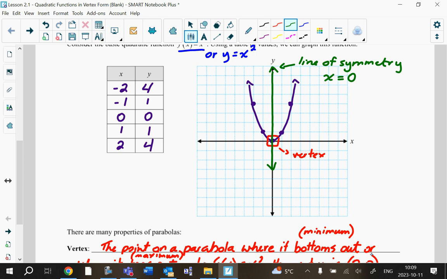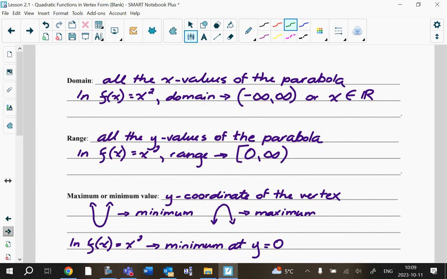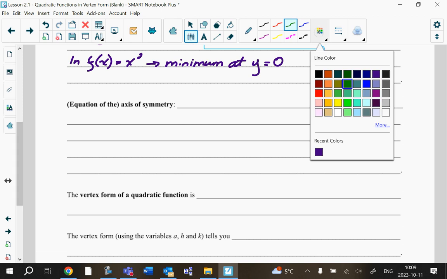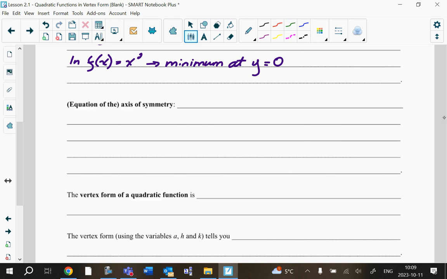So to define it, it'll always be vertical.